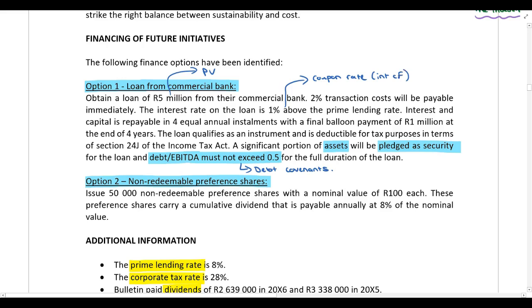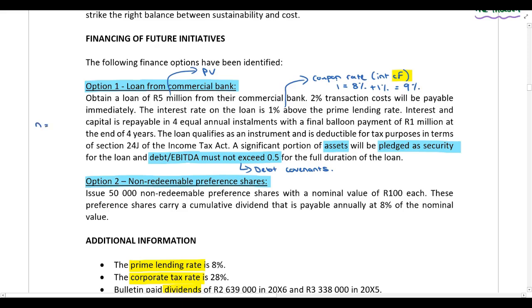So that's what we are doing in step 1. In step 1, we are trying to calculate our cash flows. So if this is the coupon rate that we use to calculate the interest cash flow, this is going to be I in our calculation. And the prime lending rate is 8%. So I is going to be 9%. Interest and capital is repayable in 4 equal annual installments.